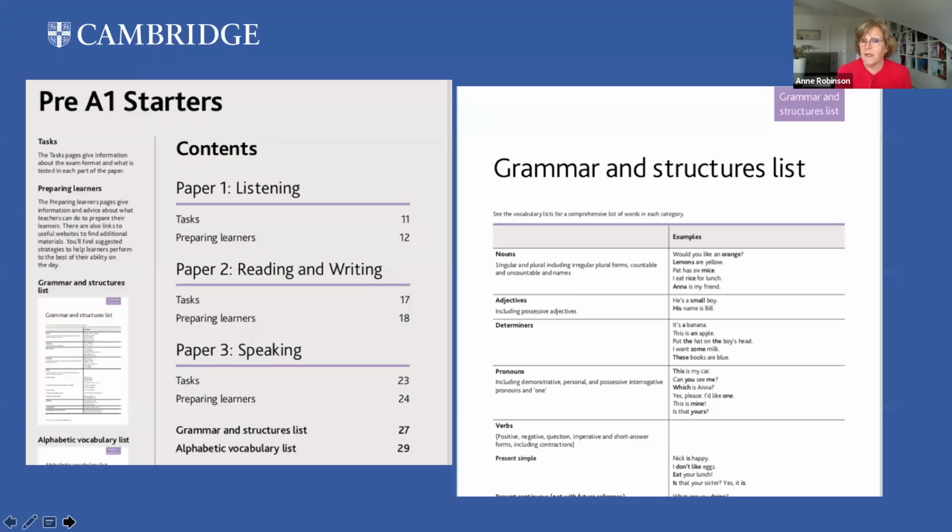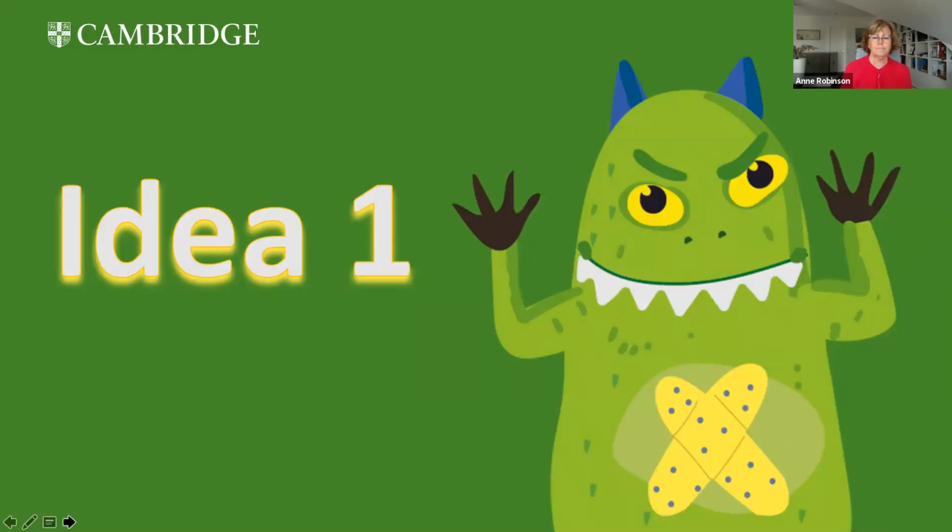So identifying and being able to name things is essential at starters. But we also have things like adjectives, determiners, pronouns, and we have the present simple and the present continuous. So we do have this grammar and structures list in the handbook for the Cambridge Young Learners exams.